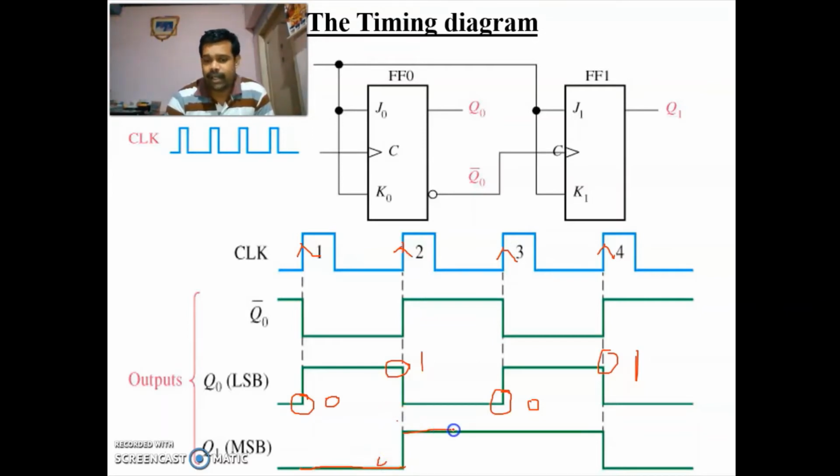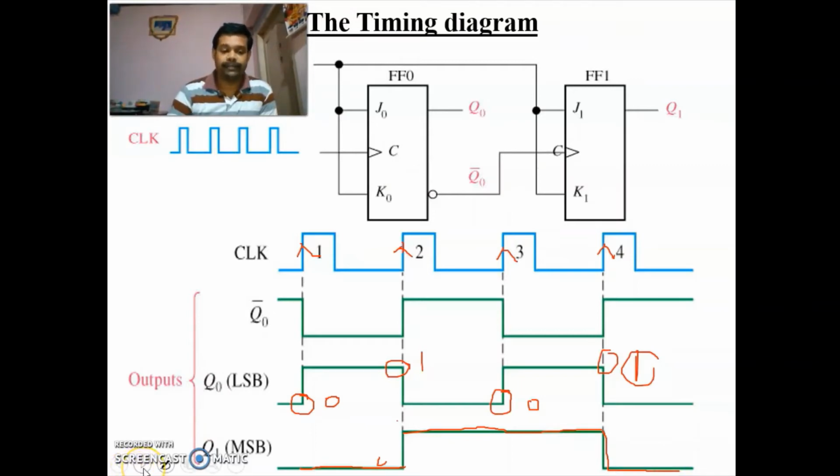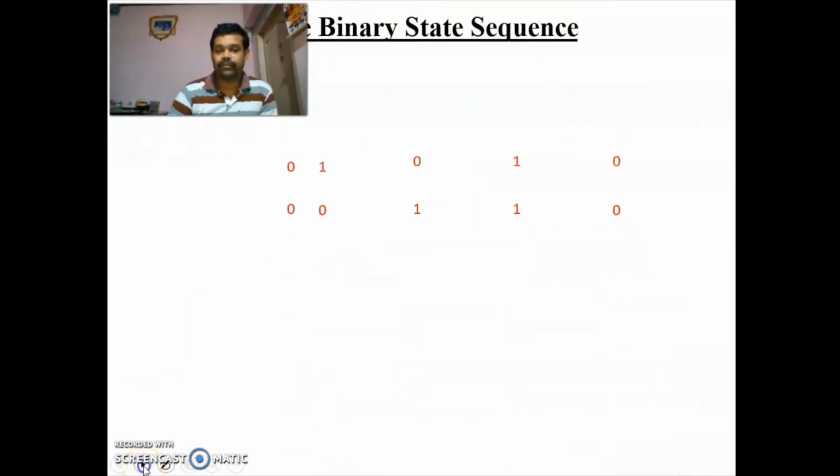Again, coming to the third positive edge, the value is 0. So the second flip-flop will not conduct, and the same output will be maintained up to the next positive edge of the clock. At the next positive edge, the value here is 1. So it will toggle its output. So this is the timing waveform of your 2-bit binary counter.